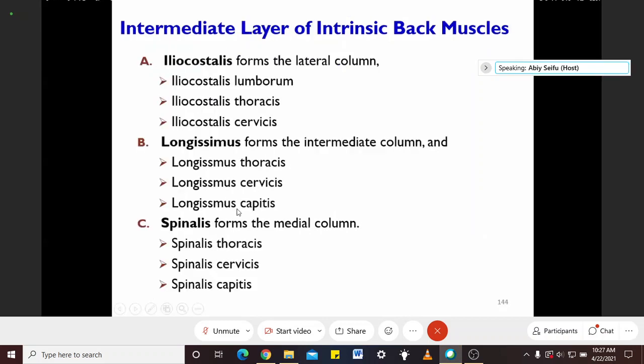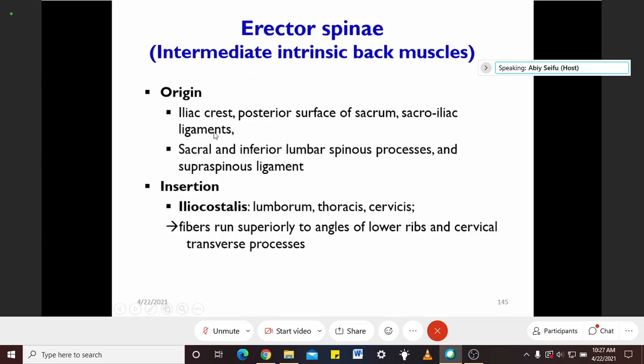They originate from the iliac crest and posterior surface of the sacrum and sacroiliac ligament, as well as from the sacral and inferior lumbar spinous processes, and from the ligaments that run along the tips of the spinous processes, the supraspinous ligament. This is a common origin, but their insertions depend upon the types of muscles.